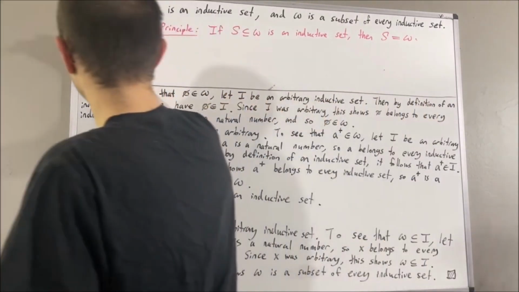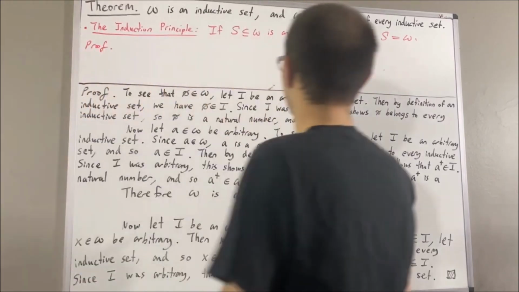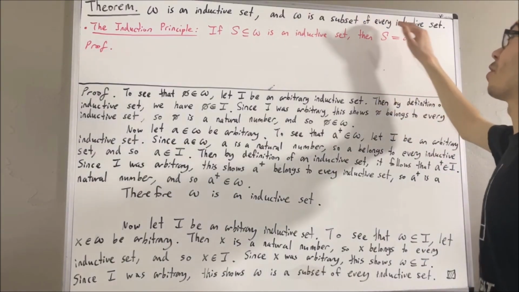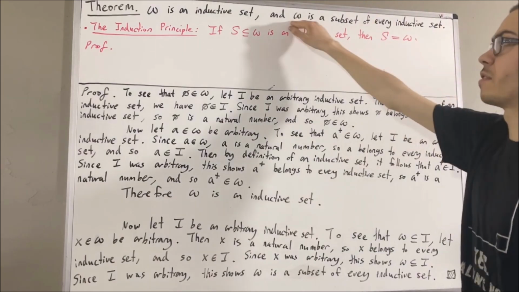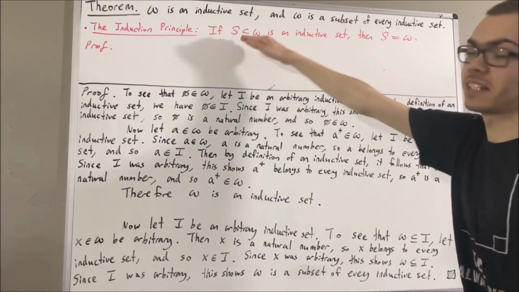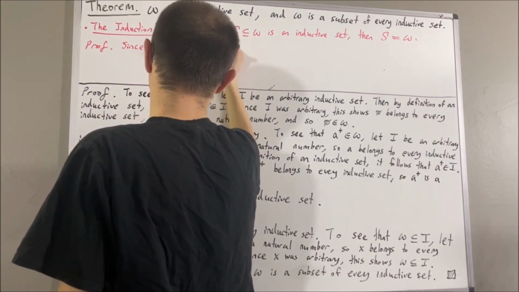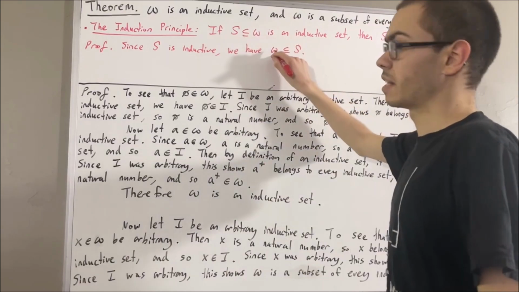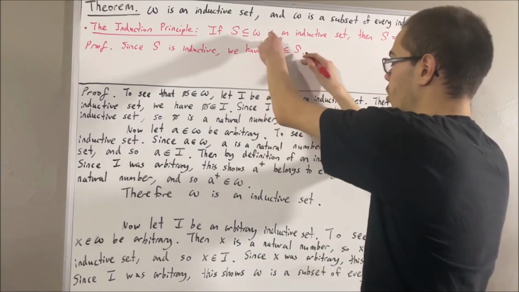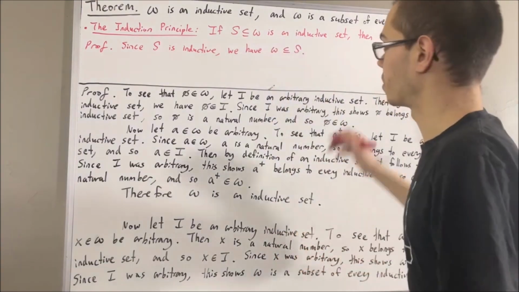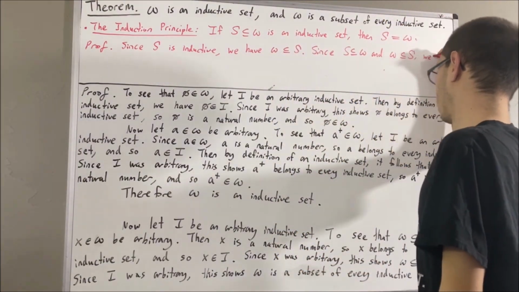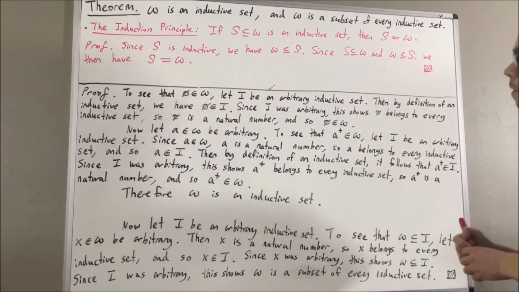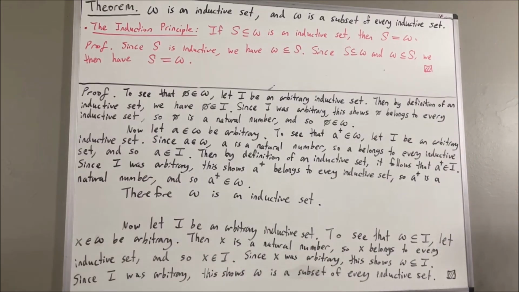And to prove this, the idea is, since S is an inductive set, and the set of natural numbers is a subset of every inductive set, in particular, the set of natural numbers is a subset of S. But then, since S is a subset of the natural numbers, and the natural numbers is a subset of S, these two inclusions imply that S is equal to the set of natural numbers. And so this completes the proof. And so yeah, that's pretty much it for this video.